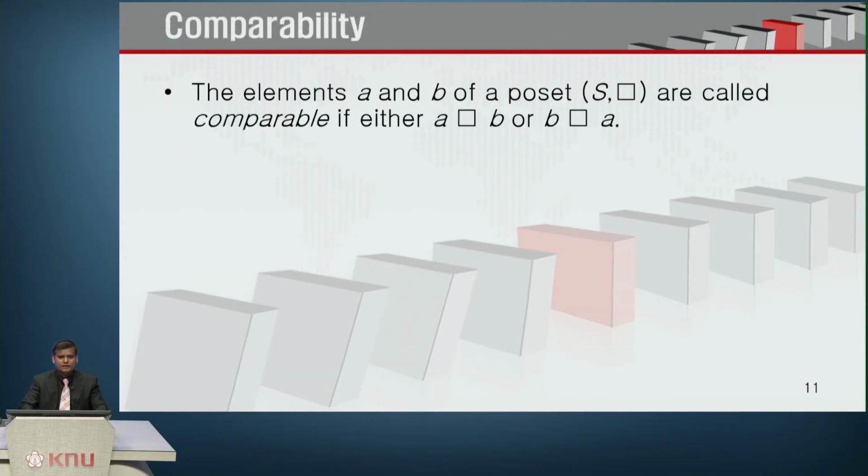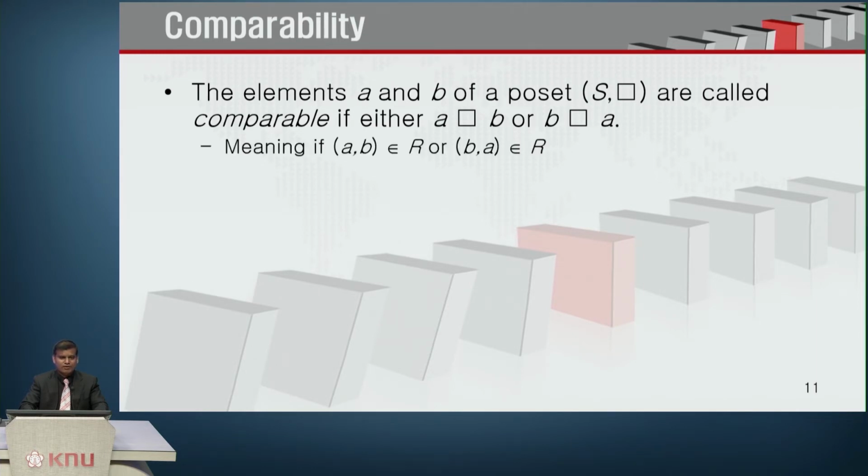Comparability. The elements a and b of poset (S, square) are called comparable if a square b or b square a. In fact, I am just using the square symbol to represent the relation; it is not the actual mathematical square.